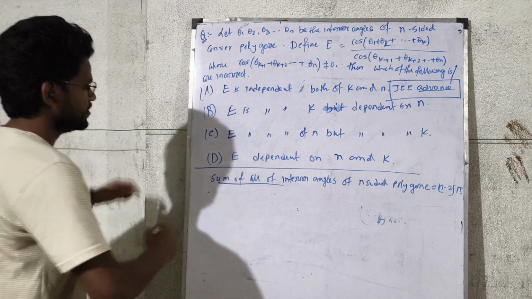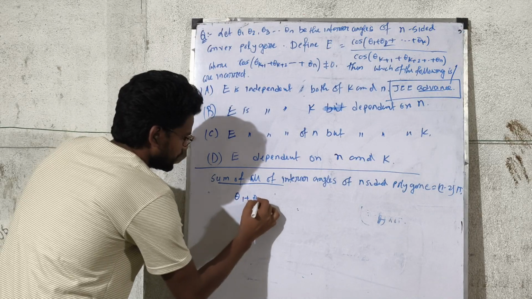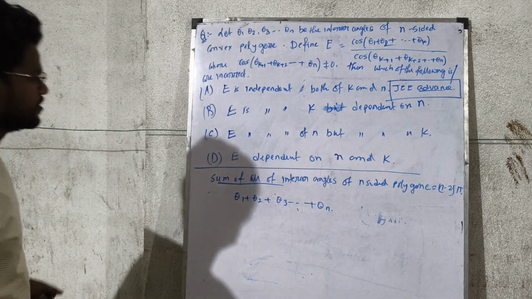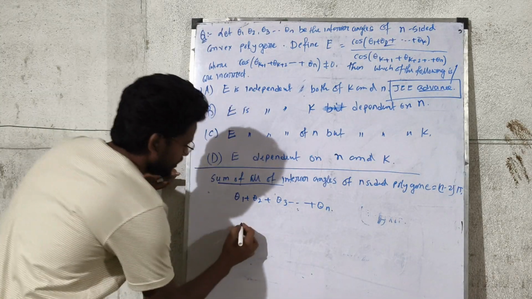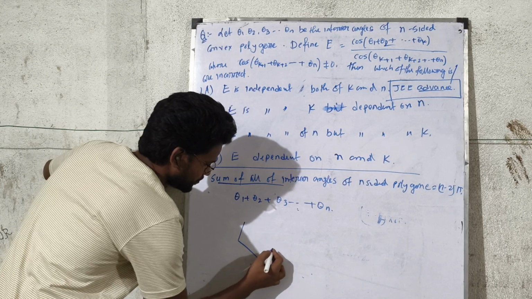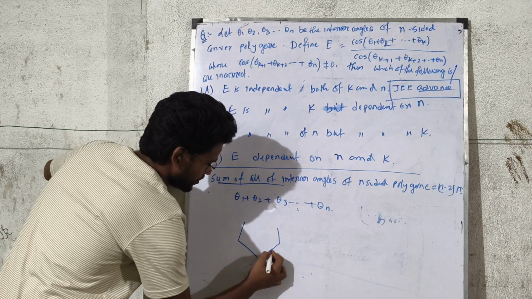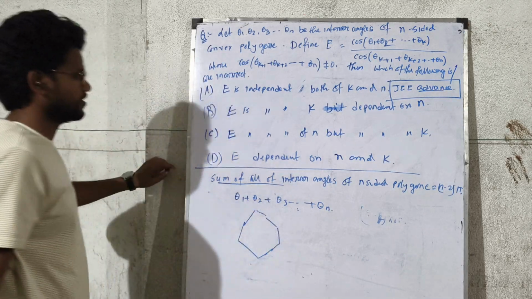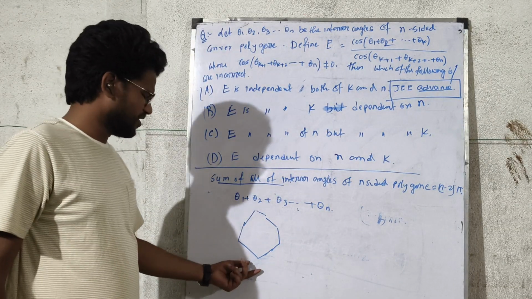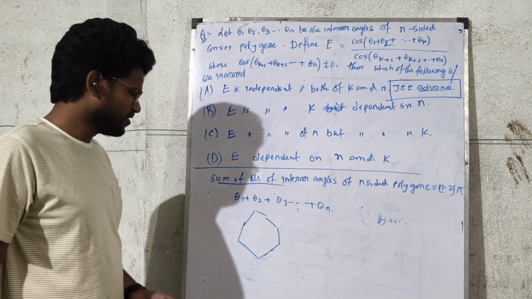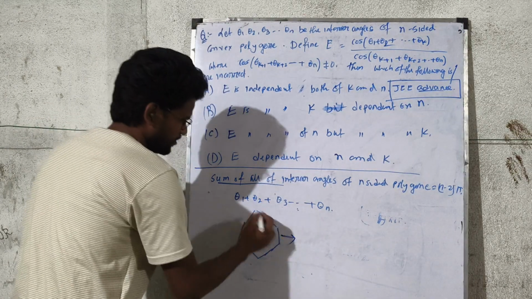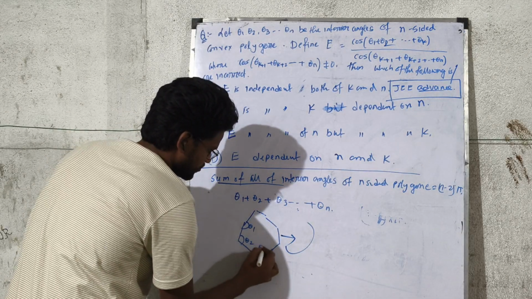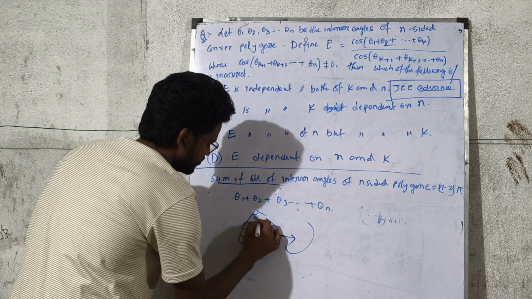So for an example of an n-sided polygon, this is theta 1, this is theta 2, this is theta 3, and so on up to theta n.